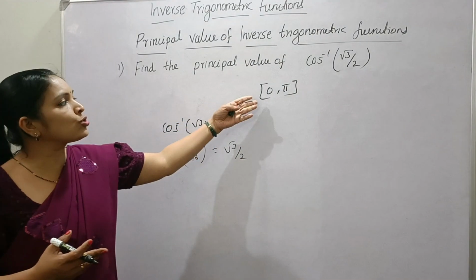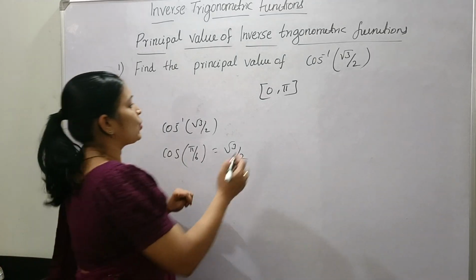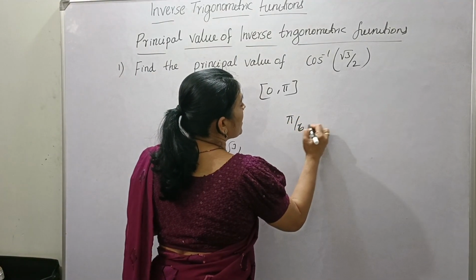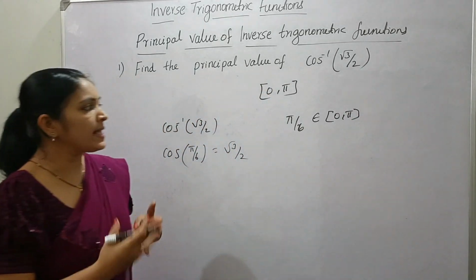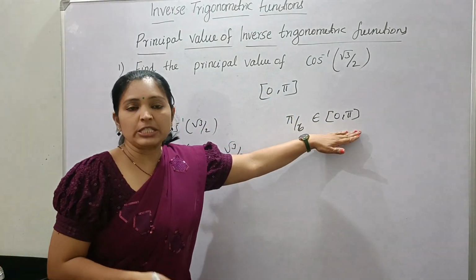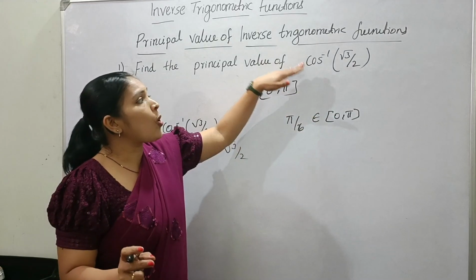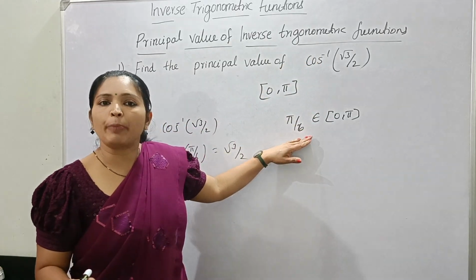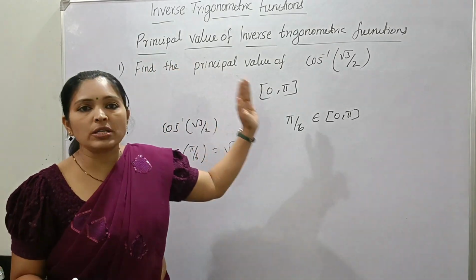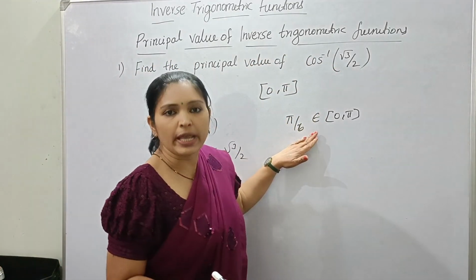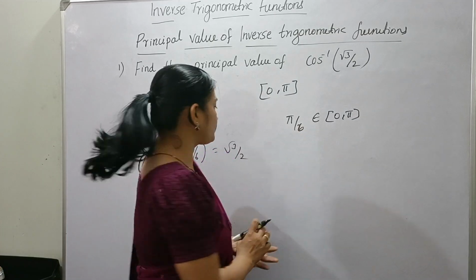See, pi by 6 belongs to 0 to pi. So this pi by 6 lies in the principal value branch and cos inverse root 3 by 2 is pi by 6. Therefore, principal value of cos inverse of root 3 by 2 is pi by 6.